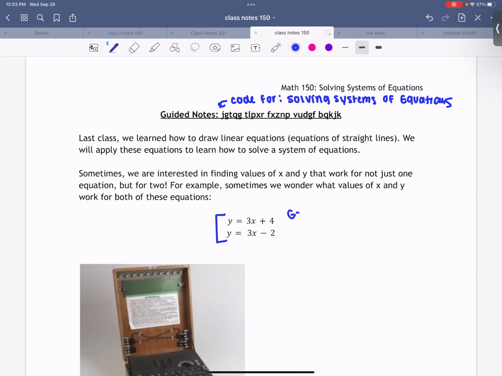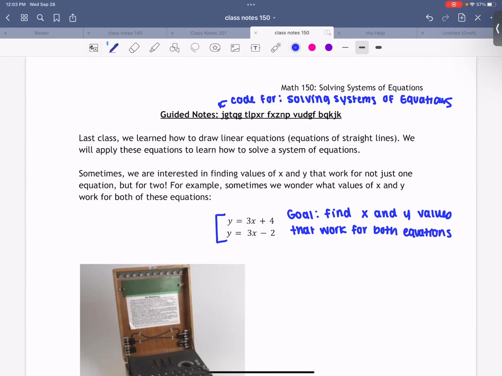So the goal of these questions is to find what x and y values work for both equations. If I plug them in, they would both be equal, okay?